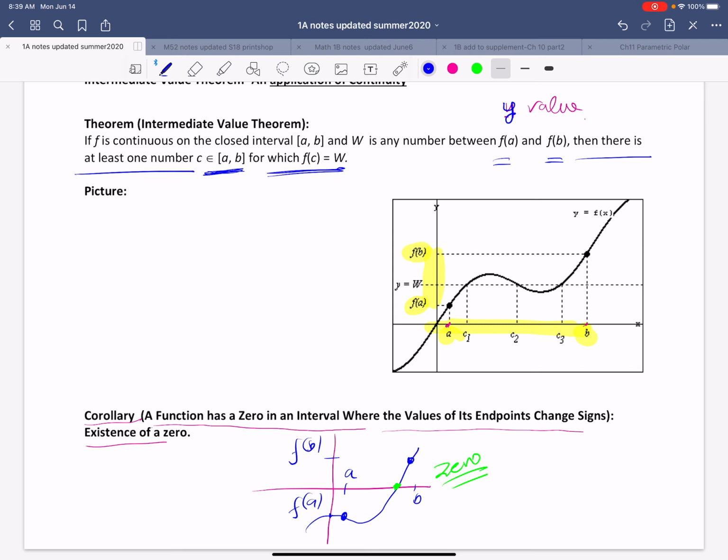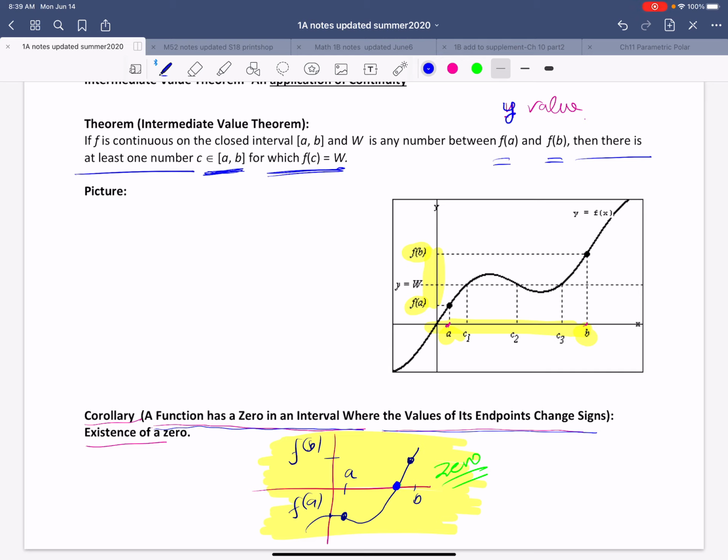The corollary is even more important, more powerful. A function has a zero in the interval if the values at the endpoints change sign. So if I have a function f(x) where f(a) and f(b) have different signs, one is positive, one is negative, then I know my graph must cross the x-axis in between.